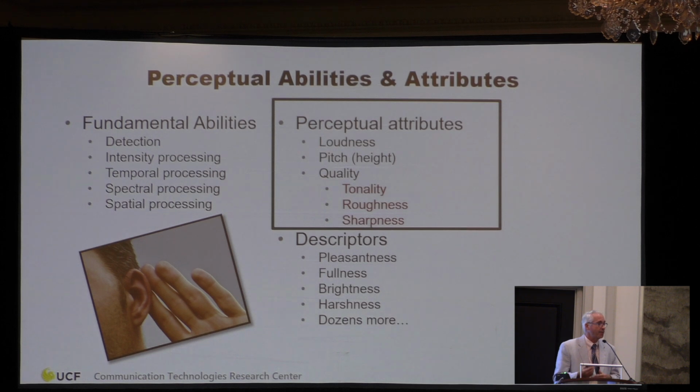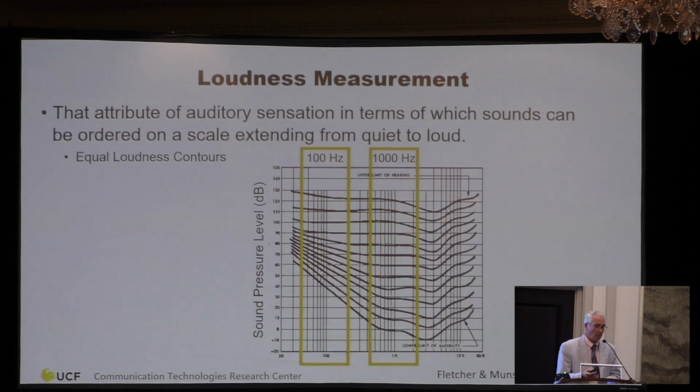They're usually some type of valence marker, like pleasantness, fullness, brightness, harshness, and just literally hundreds of other descriptors of perceptual attributes. And these apply to speech, to song, to lots of other aspects of sound. If you're an automotive engineer, then you think about the sound quality of doors slamming. So those sorts of things are all relevant.